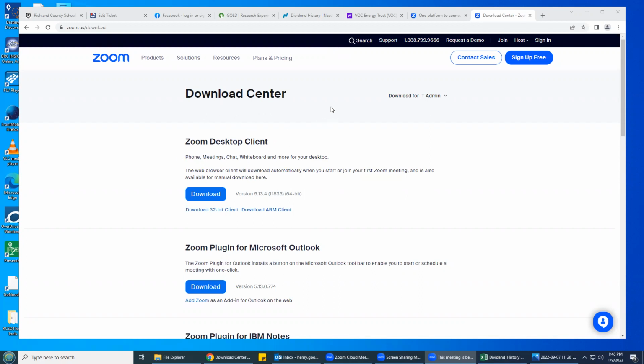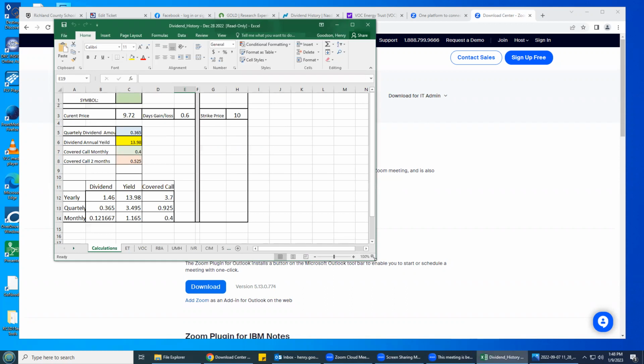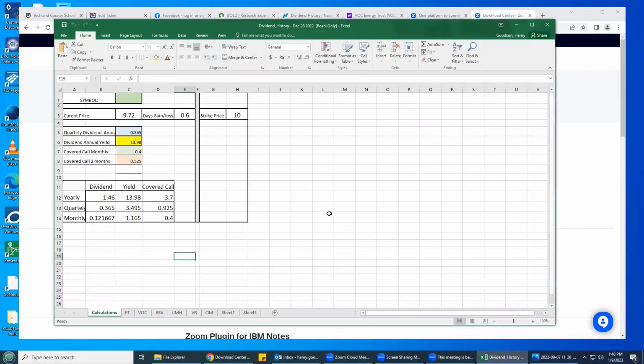All right, so in some of the emails, number one, you should have got a spreadsheet that looked like this. I did it a while back, so I forgot some of it. I added this calculation formula sheet. So at the bottom are what are called worksheets, and this is a workbook.